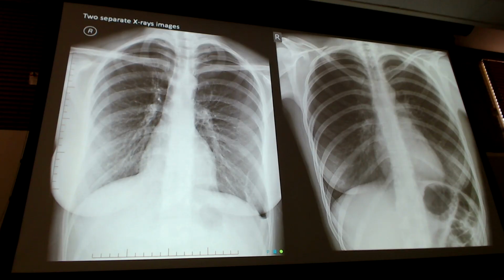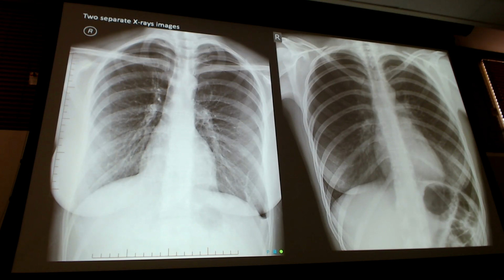Okay, so take a minute, look at these with what we just went over, see if you can find them, if any. I love to give normal chest x-rays. These are two separate images, as it says, two separate patients, so these do not necessarily go together.